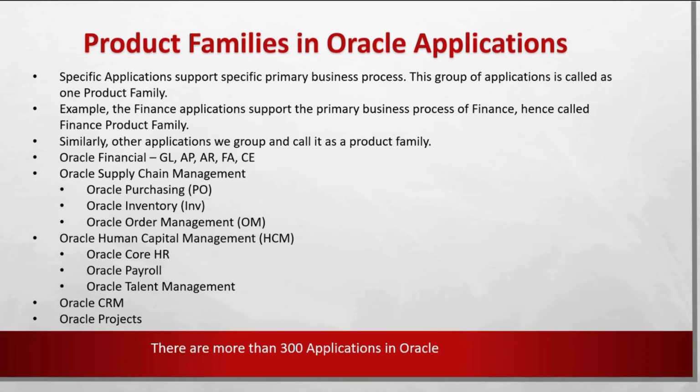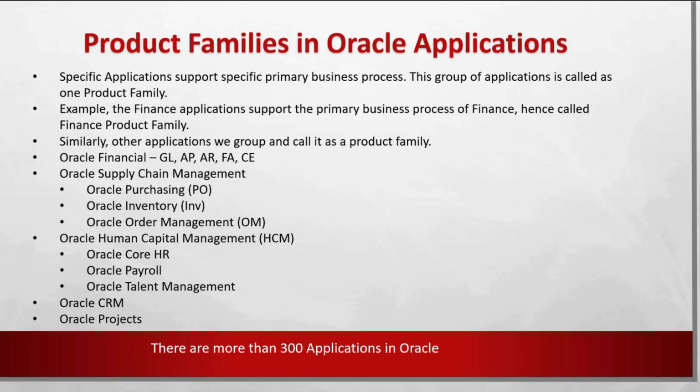Next, coming to the Oracle supply chain management family. What is supply chain management? Whatever tasks are related to purchasing, inventory management, or ordering of goods, all those activities come under supply chain management.